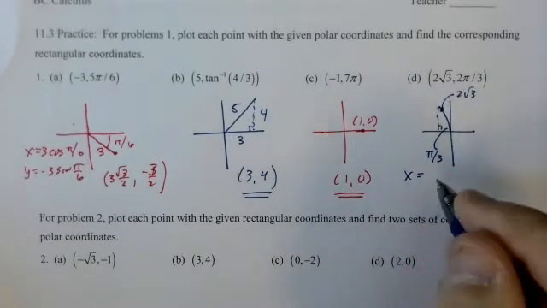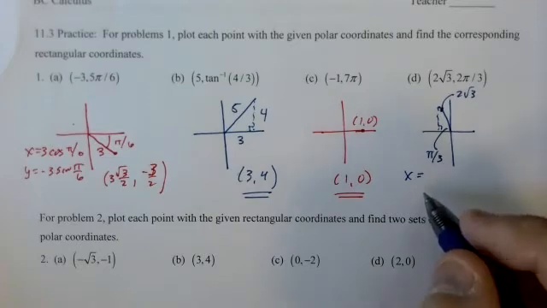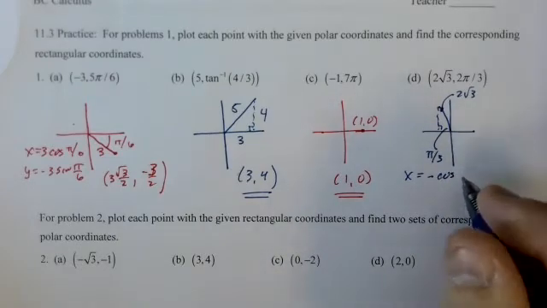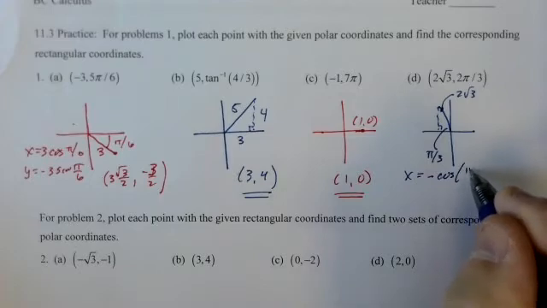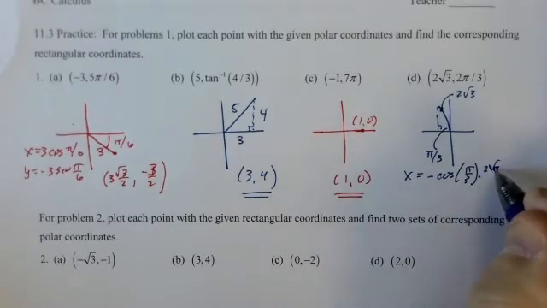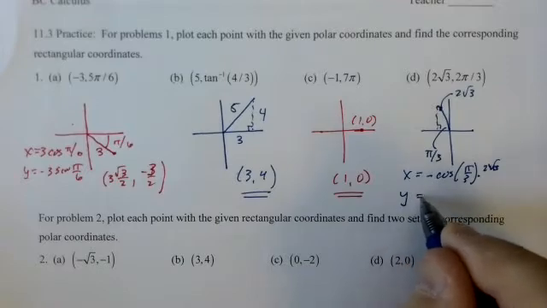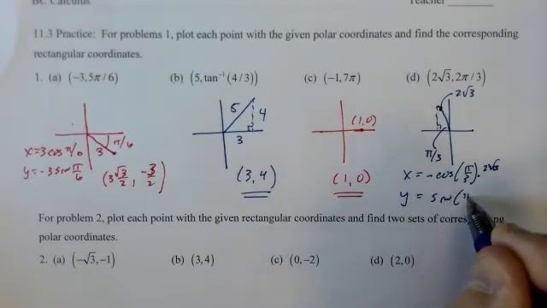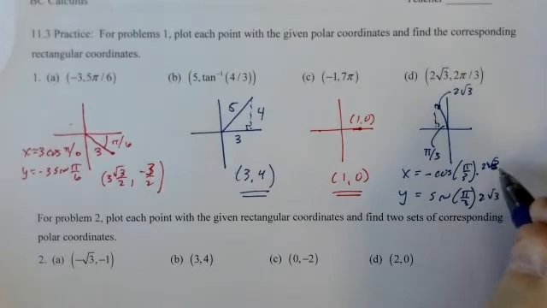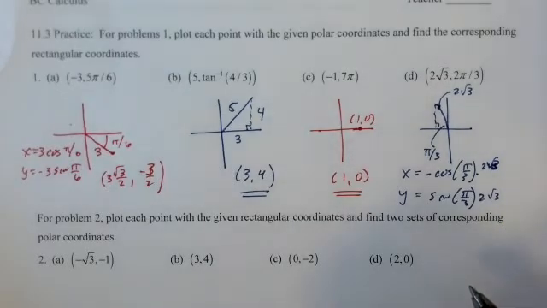So x equals negative cosine pi over 3 times 2 root 3. Y equals sine pi over 3 times 2 root 3. Hope that's right. Yep, that's right.